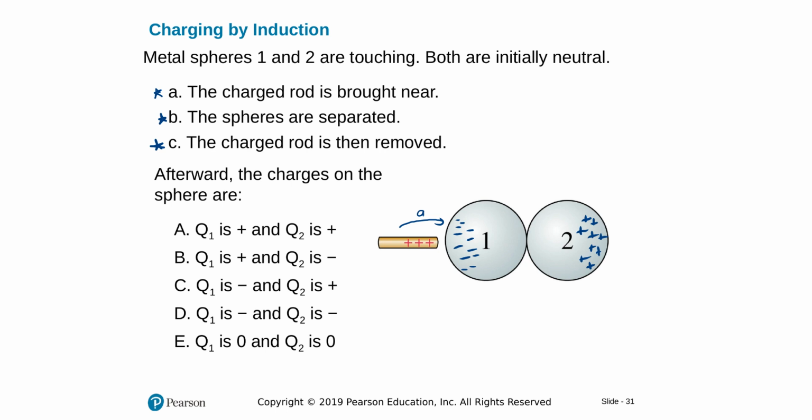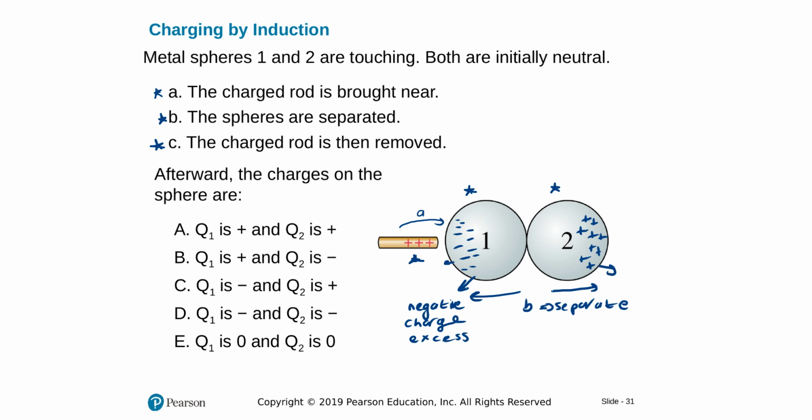Let's say now, while the rod is here, I am separating my spheres. Separate, that's B. If this plus is still here, it's still pulling negative charges towards itself, and I separate my spheres, the negative charges will stay here, positive charges will stay there. Overall, this one will be negatively charged, so it will have a negative charge excess.